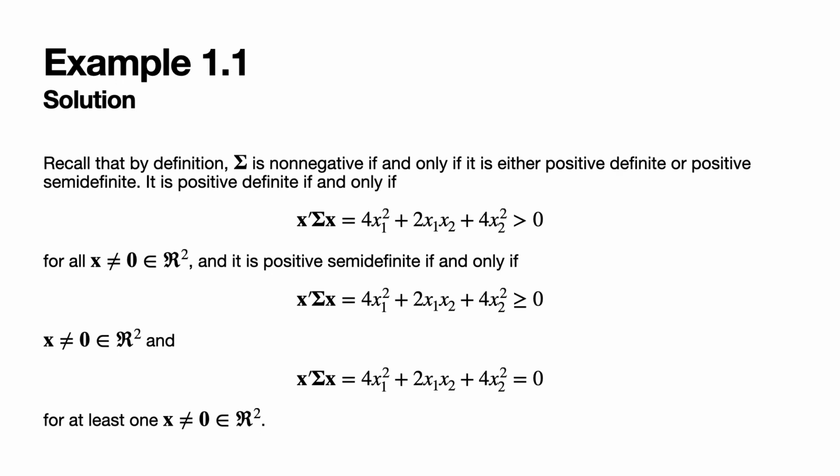And it is positive semi-definite if and only if that same quadratic form is non-negative, greater than or equal to 0, for all non-zero vectors in two-dimensional Euclidean space, and if that quadratic form is exactly equal to 0 for at least one such x vector.